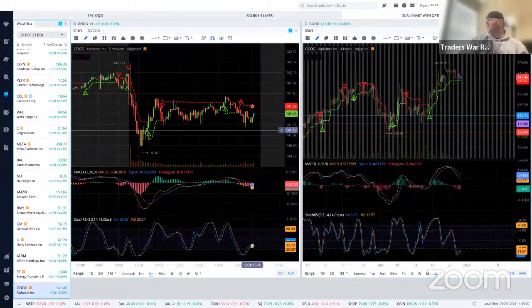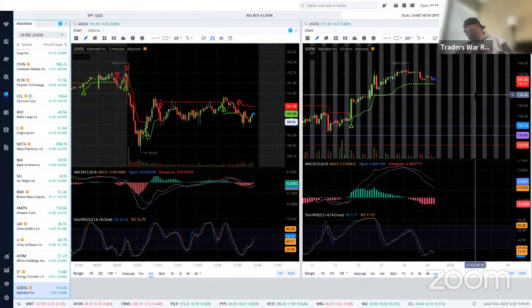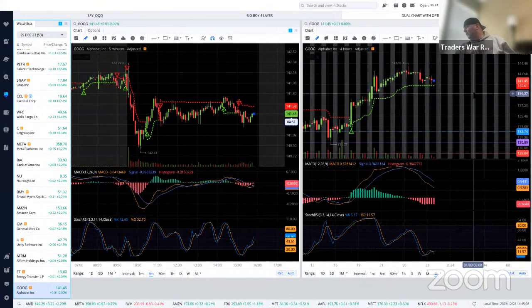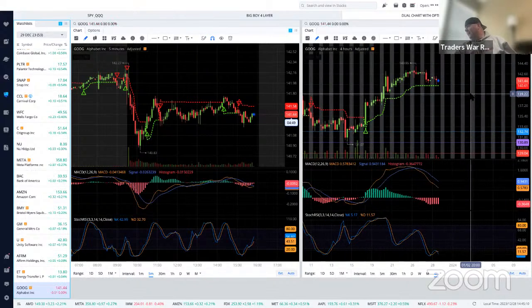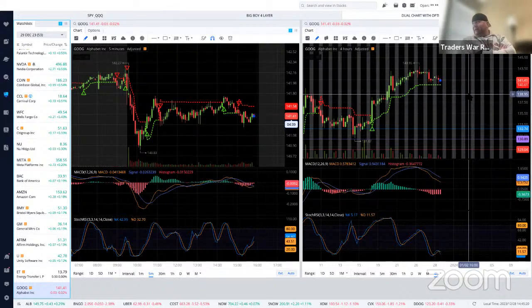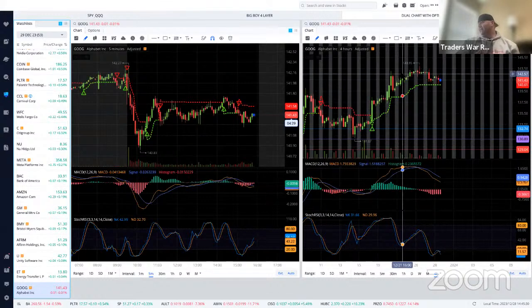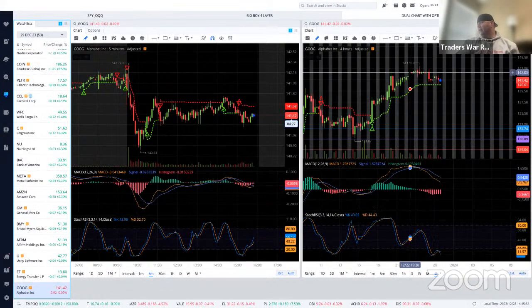Google, let's look at it. Oh, Google, what are you doing? Google has like an inverse cup and handle, guys. I don't know. I'm inclined to say go short here on Google for a step down. I don't know, going off this chart. I mean, this is just what I'm seeing, a consolidation zone, right? You can call this a top island, right?